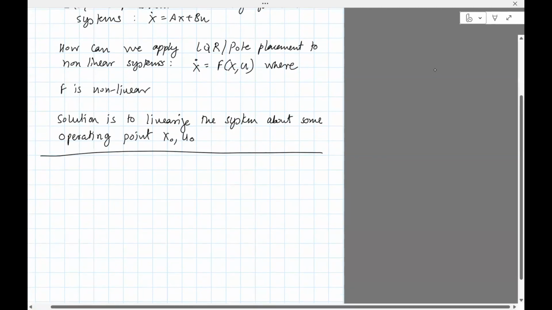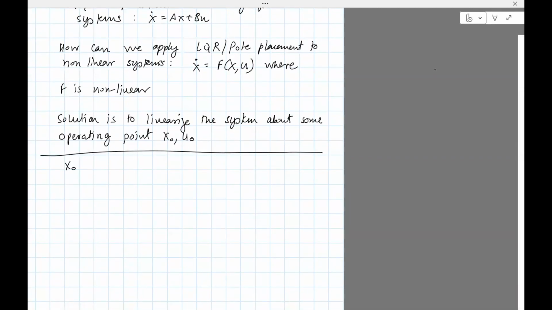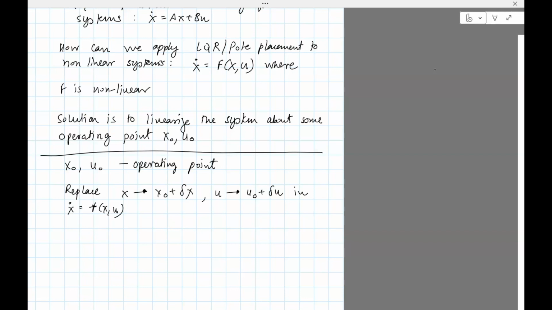So x0, u0 is the operating point. We'll replace x with x0 plus delta x, and u with u0 plus delta u in x dot equals f of x, u.